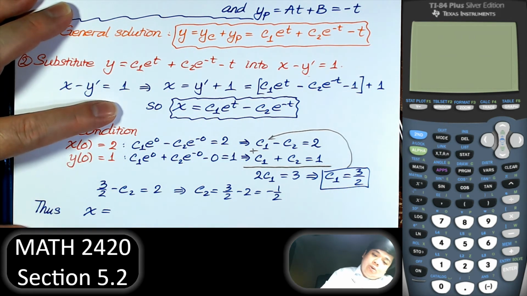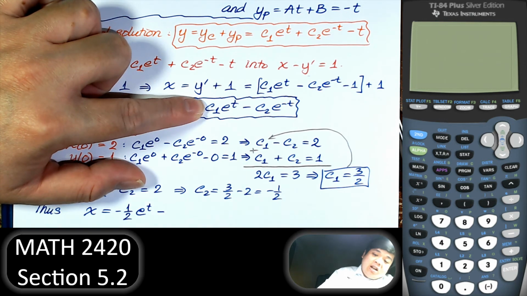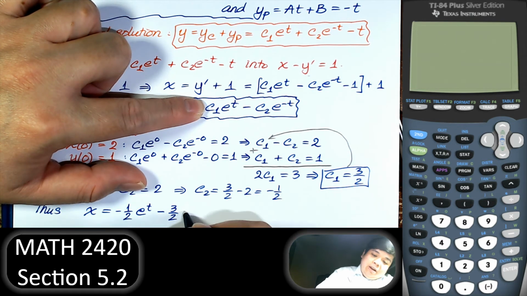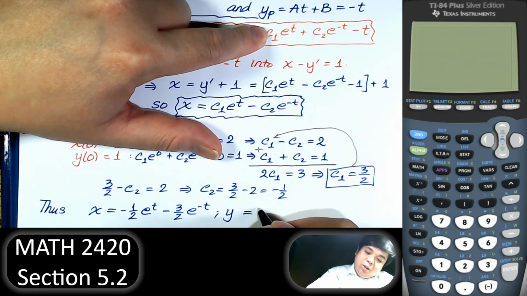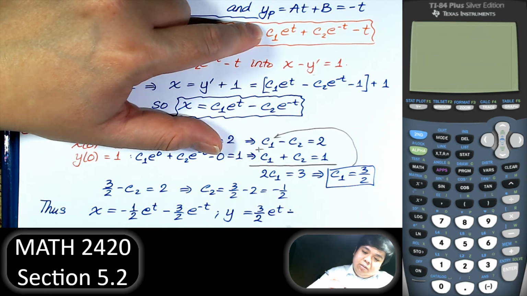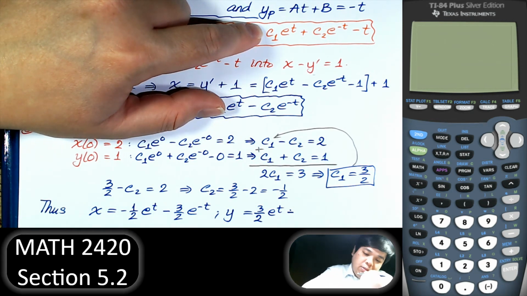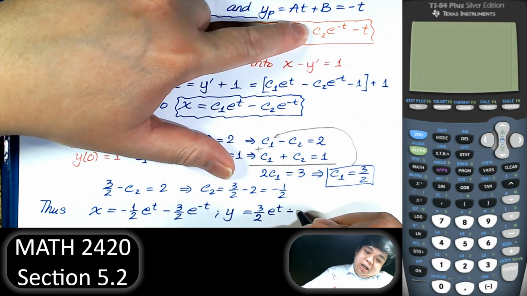X equals C1, negative 1 half, e to the t, minus C2, 3 half, e to the negative t. Y equals C1, 3 half, e to the t, minus C2, which is negative 1 half.